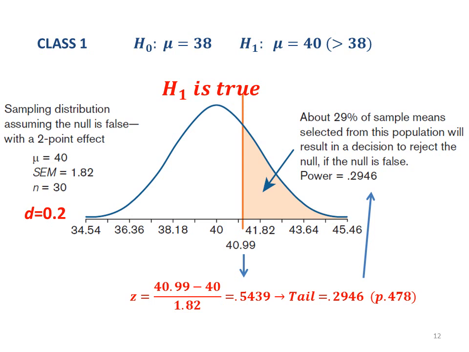If a selected sample mean is equal to or larger than 40.99, it falls into this pink area, and we reject the false null hypothesis and detect the effect between the sample mean and the population mean.